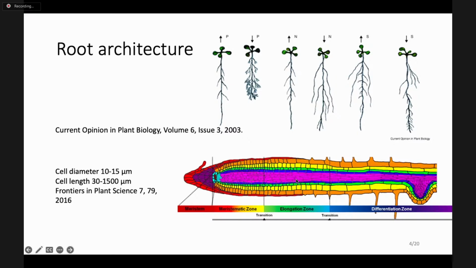But this means that you need a way to not just take the whole root and measure, for example, nitrate with some destructive methods, but molecular biologists are trying to understand different aspects of how nitrate is accumulated.